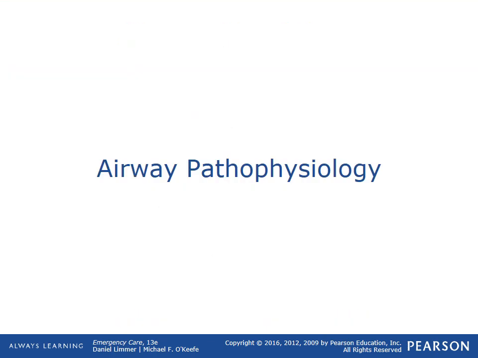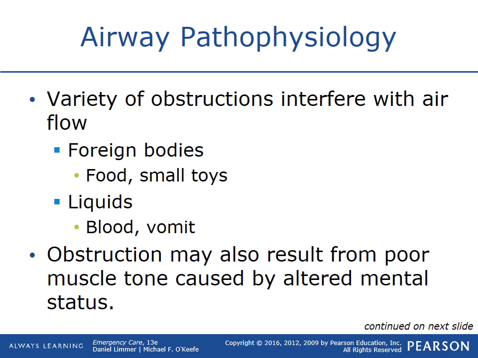Airway pathophysiology. There's a variety of obstructions that interfere with airflow. You can have a choking type situation where some foreign object like food or small toys or pennies or anything can become trapped in that airway and obstruct it, and then they're choking.